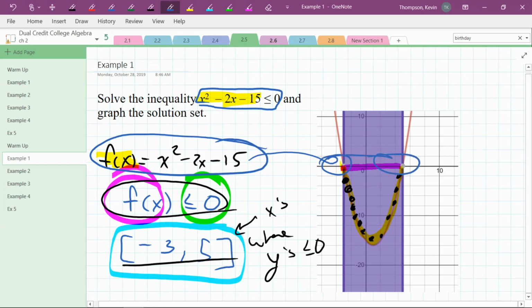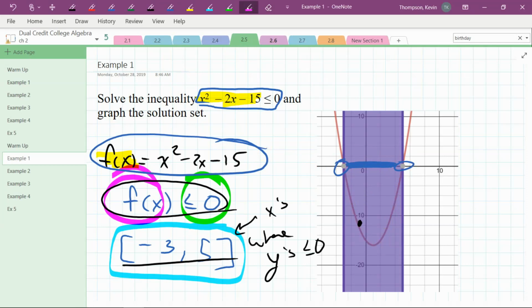It's always going to be connected to its x-intercepts. And notice that our solutions are often either between the x-intercepts or this group that's outside the x-intercepts. And then we have the two exceptions of nothing or everything, okay?